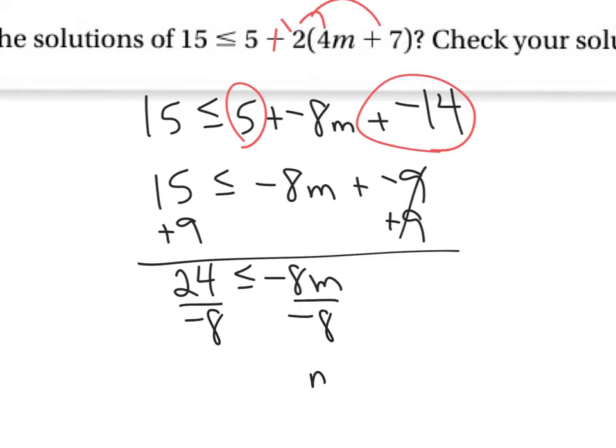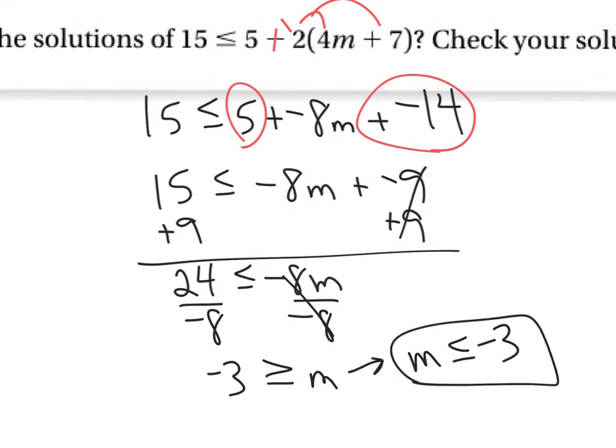And we have to divide by a negative here, so that's going to switch around our inequality symbol. I'm just going to switch this around. It opens towards the -3. So m is less than or equal to -3 would be the solution for that problem. So anything -3 or lower would work for that problem.